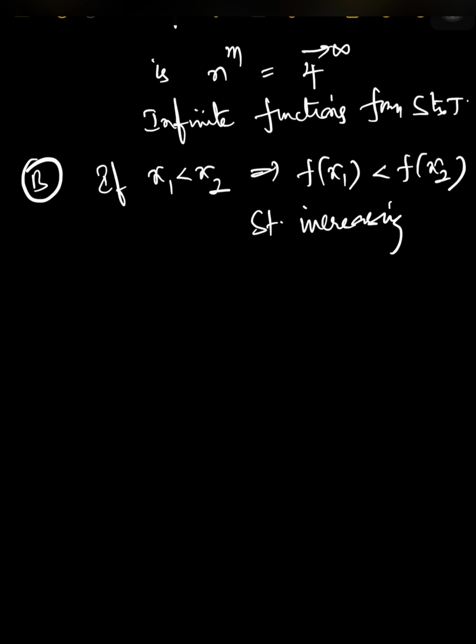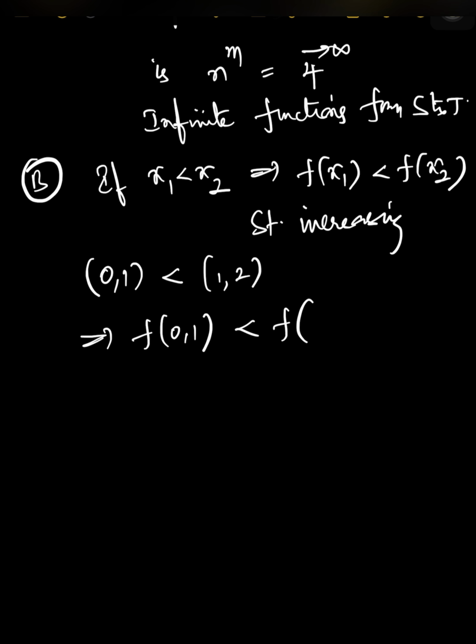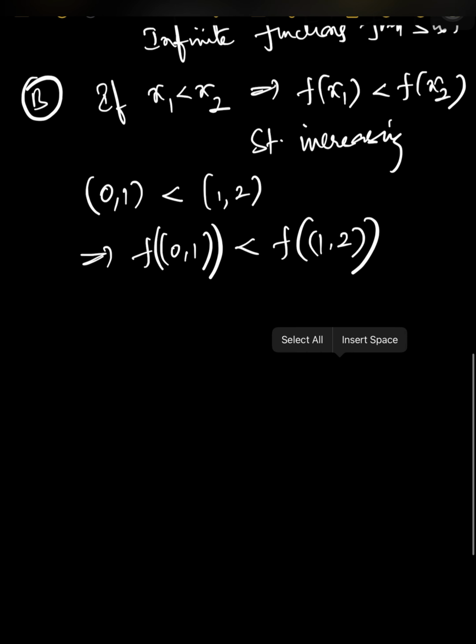So if you check, the interval 0 to 1 is always less than 1 to 2, so the function value on the interval 0 to 1 must be less than the function value on the interval 1 to 2. Checking the possible cases, if the function value on 0 to 1 is 0, then the next should be 1, 2 or 3.